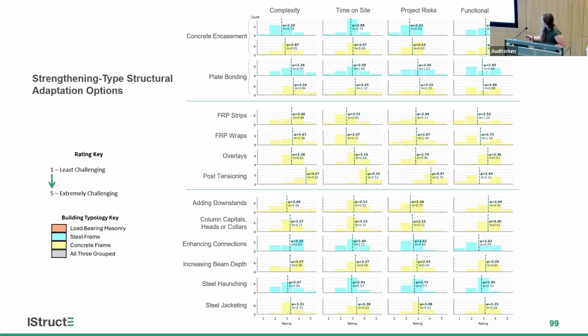This middle section here, which includes our post-tensioning, which was clearly seen as the more challenging of these adaptations, also includes our FRP wraps, FRP strips, and overlays. Those are all grouped together as, in general, they came out as more challenging, and from commentary in the workshop and the survey, this was generally due to them being viewed as more specialised.